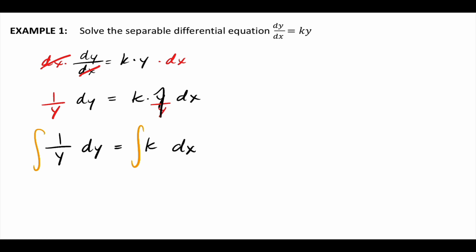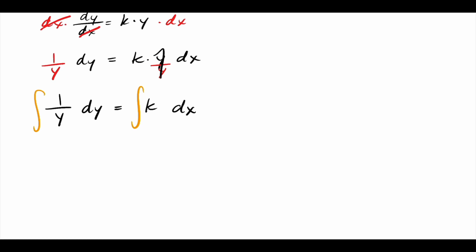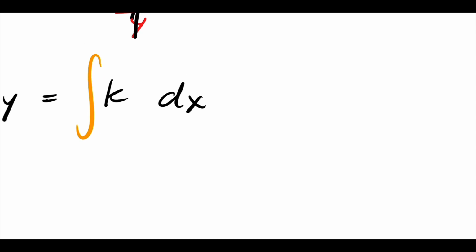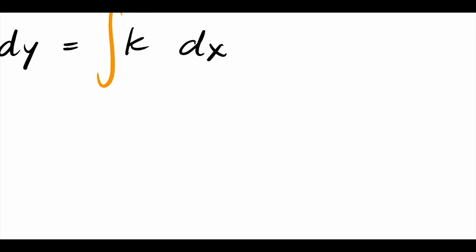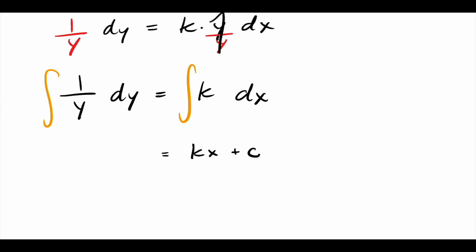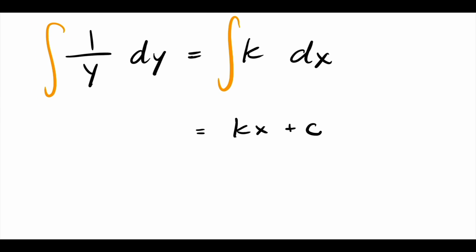Integrate both sides. This side over here, k is a number. It's not a variable. It's a constant. So the antiderivative of k would just be kx plus c. One over y is just the natural log of y.